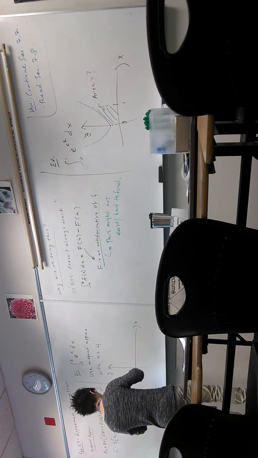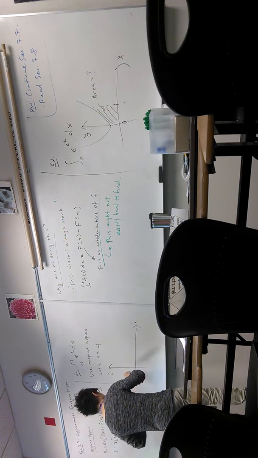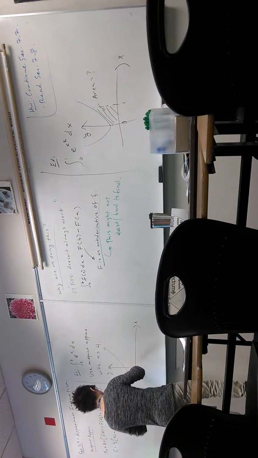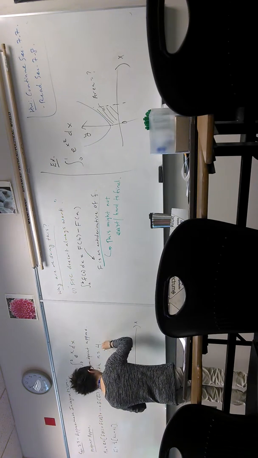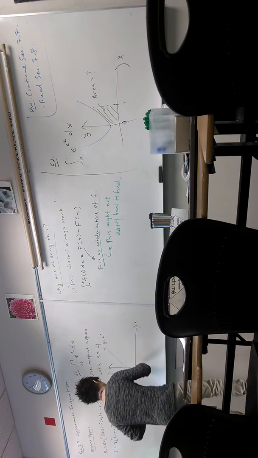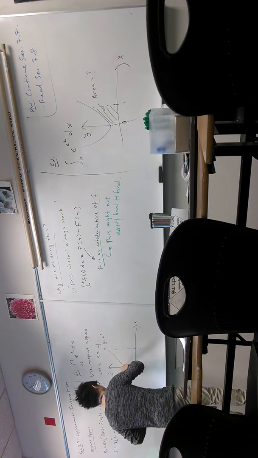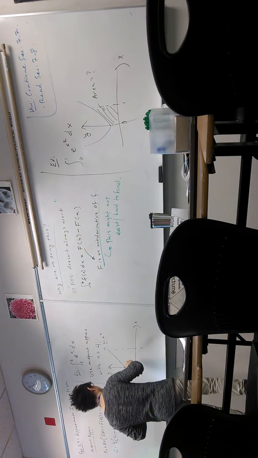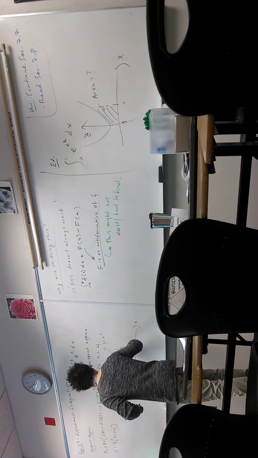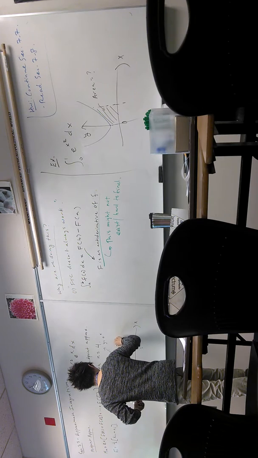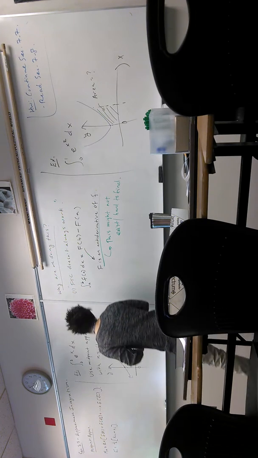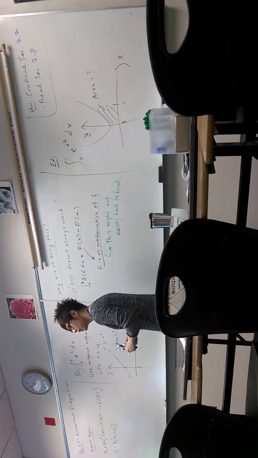So e to the x looks something like this. It's an exponential function, and I want to evaluate the integral from 0 to 2. The idea is I want to figure out what that area is. Now, without doing much work, what's the actual area?